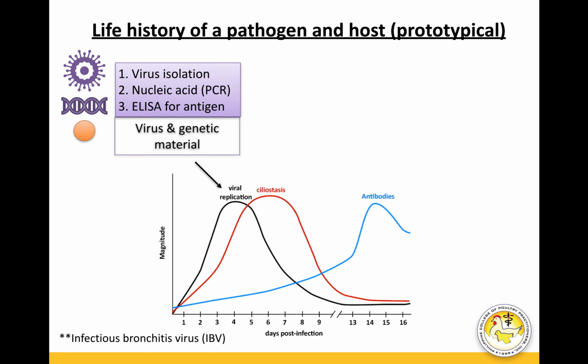And as you know, as poultry practitioners, we usually first see that there's a problem in our flock through clinical signs. So if you notice, there's a slight delay, maybe 1 or 2 days, between the highest peak of viral replication and the actual clinical disease. You notice here.